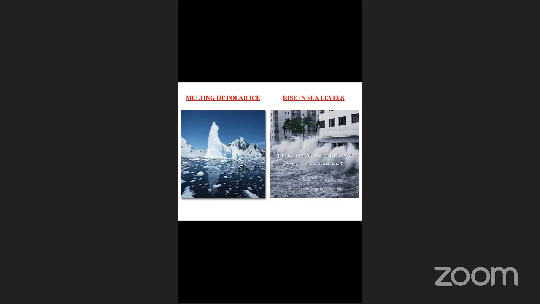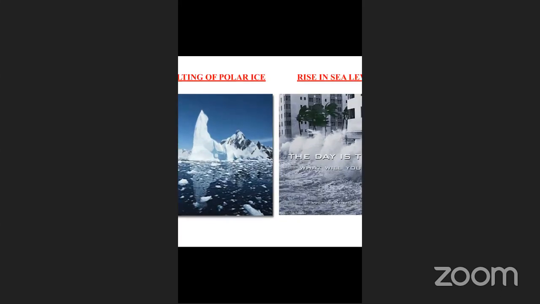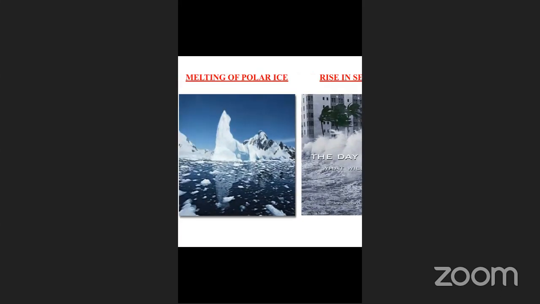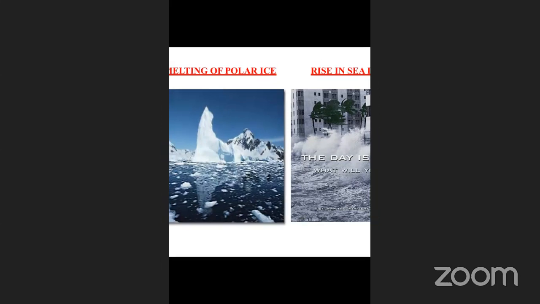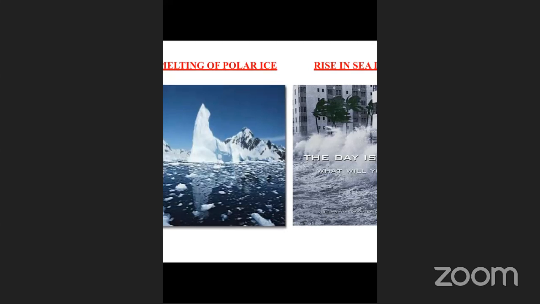You can see how the polar ice is melting. When the polar ice melts, the water level increases and a rise in sea water will take place. Clear? Yes, ma'am.